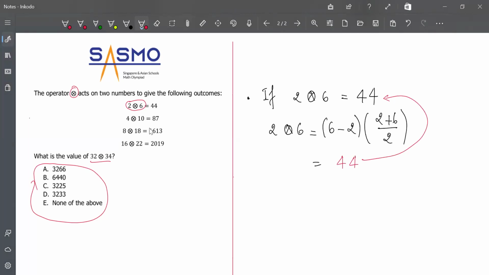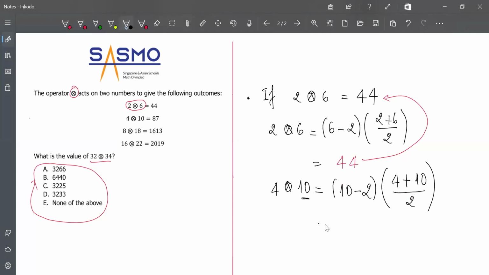The next one is 4 tensor 10. So we can do it again: 10 minus 2 and 4 plus 10 over 2.